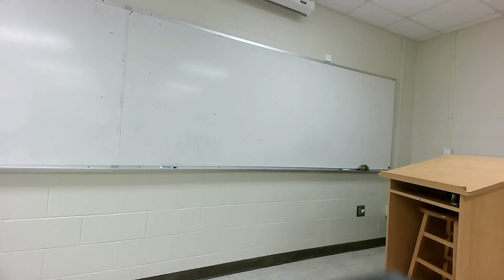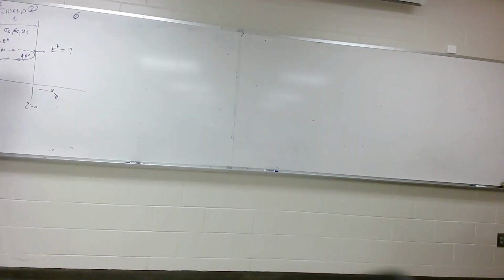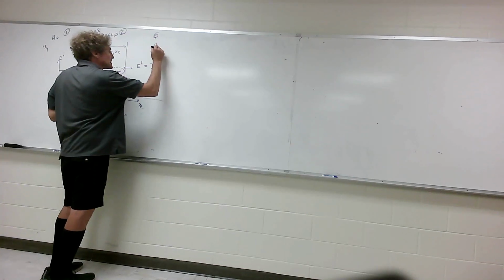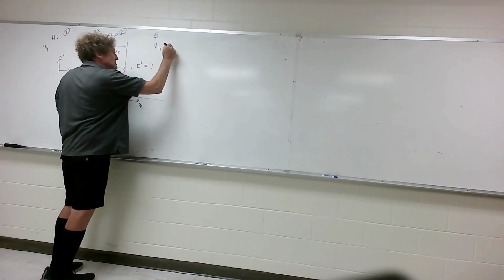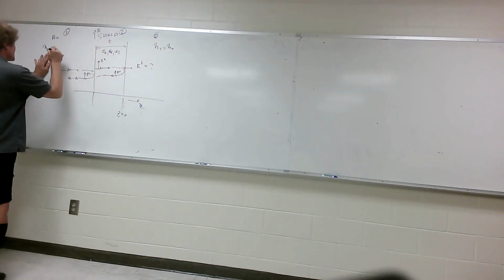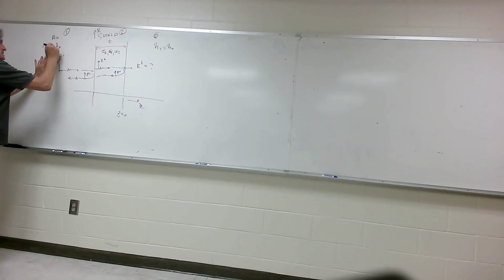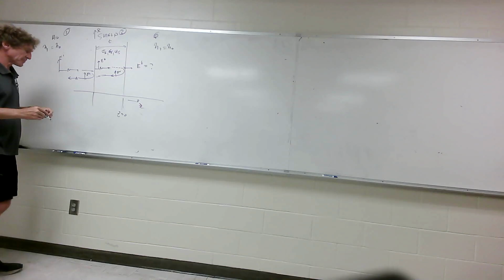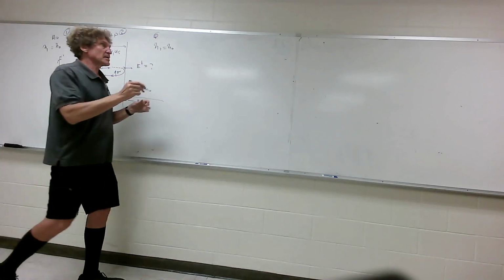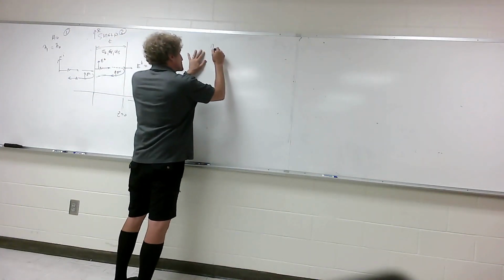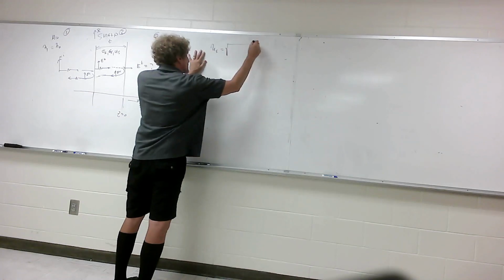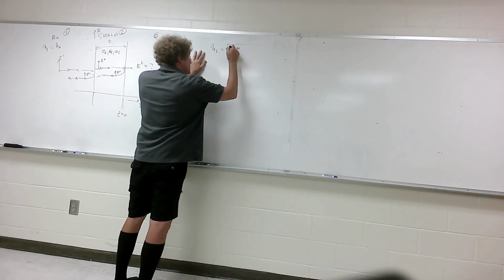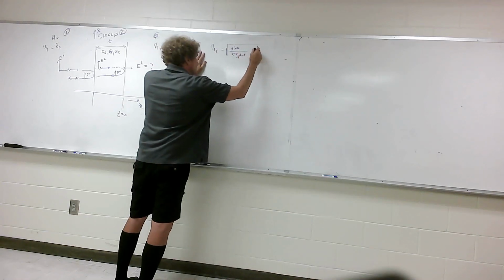We first need to get eta in region 1, and we need to get eta in region 3. Here, I assume both of these are just air, so it's eta naught over here, and this is going to be eta naught. Then we have to find eta in the shield, and I might as well put it here. Eta in the shield itself would, of course, be the square root of j omega mu over sigma plus j omega epsilon in the shield.